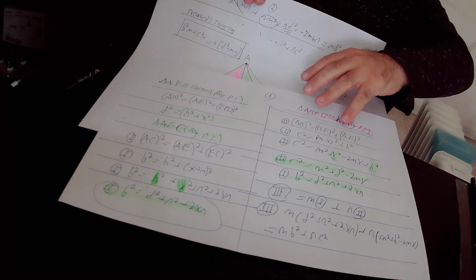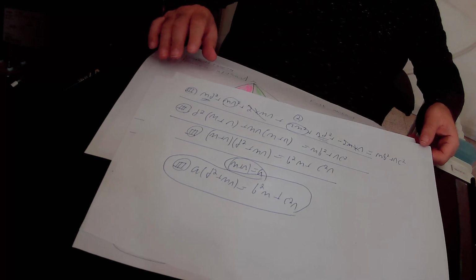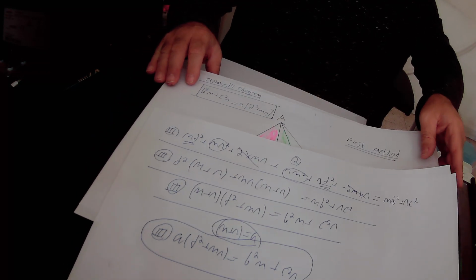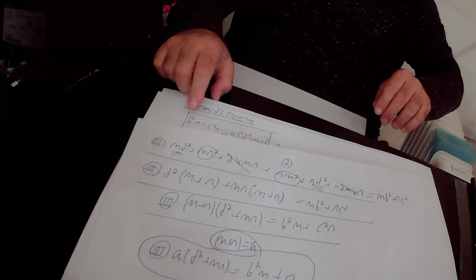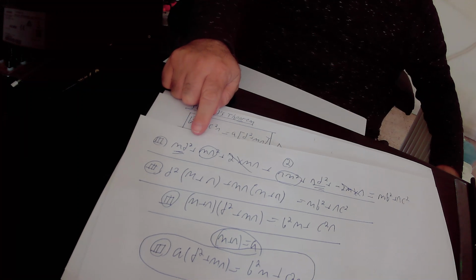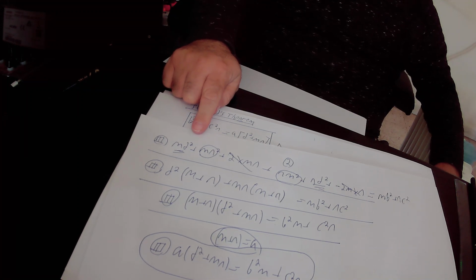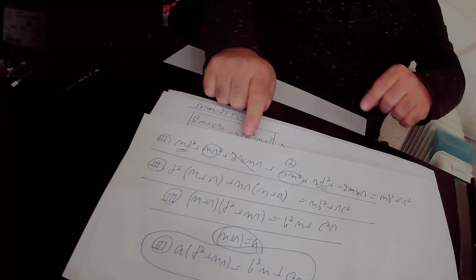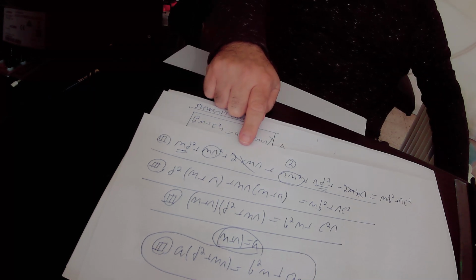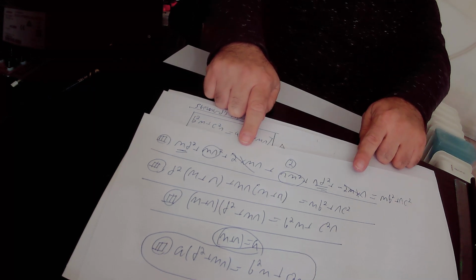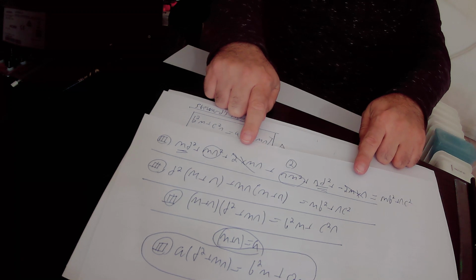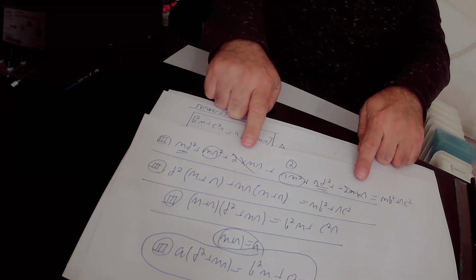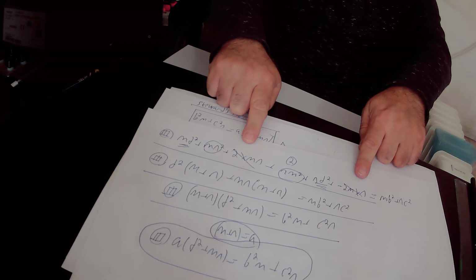So this is equation number 3 after we open the brackets. Okay? And here we have plus 2xmn minus 2xmn is 0. So those two expressions will get cancelled.